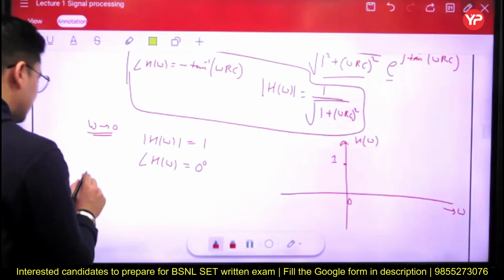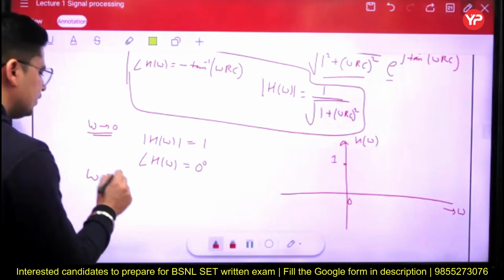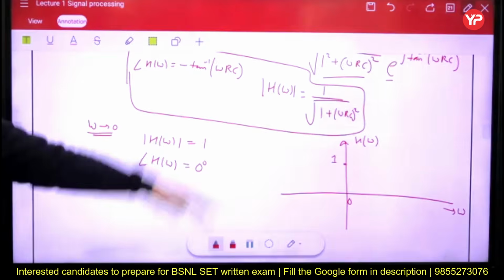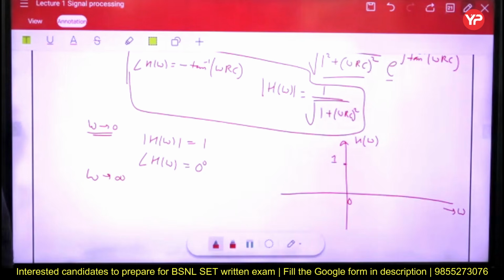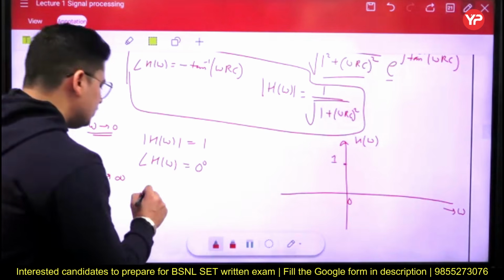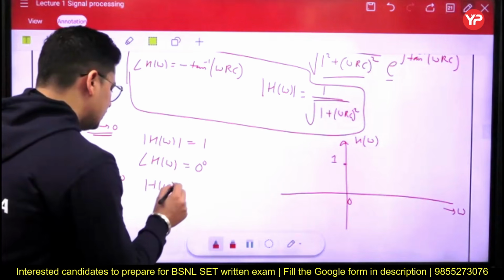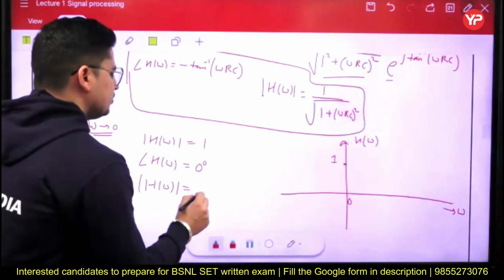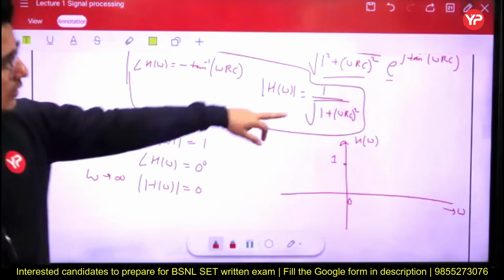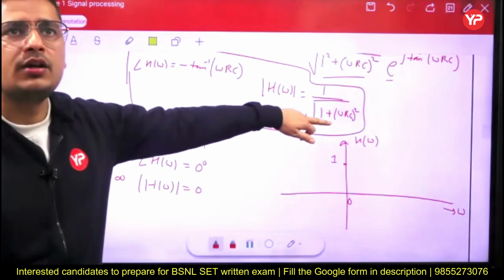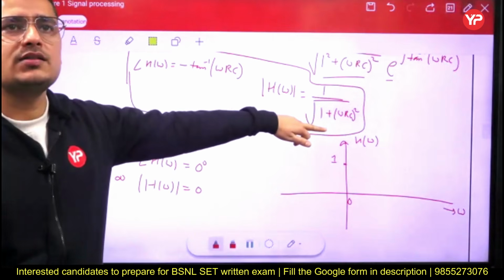Now, if I take omega tending to infinity, meaning in place of omega we just put infinity, then the magnitude of H of omega becomes how much? That becomes 0 because it is 1 over infinity. 1 over infinity is how much? That is 0.